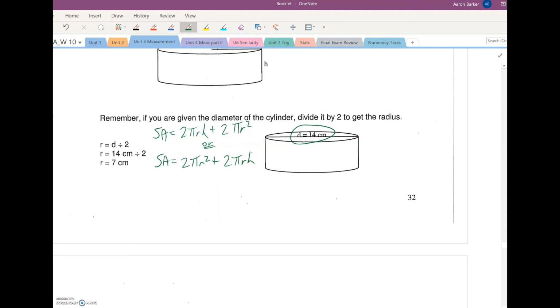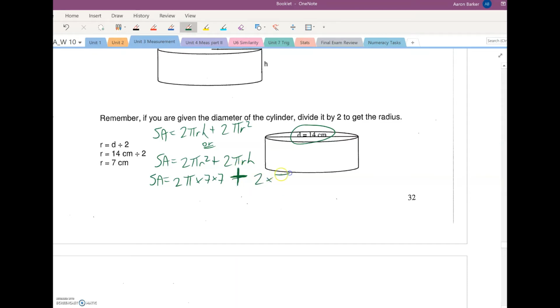It doesn't matter which one you use. Okay, so for me, I can go 2 pi times 7 times 7 plus, okay, plus, it's a big plus. That separates the question into two parts.